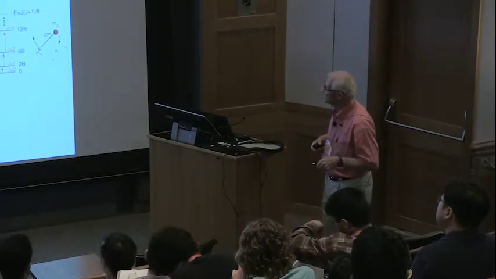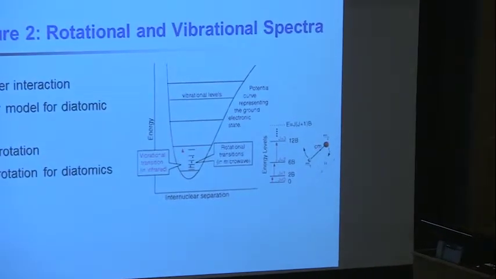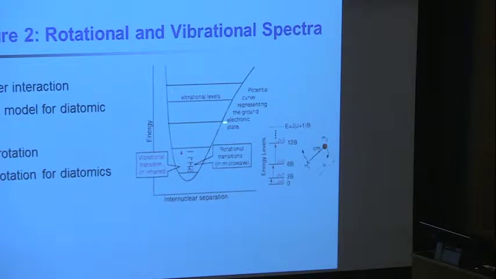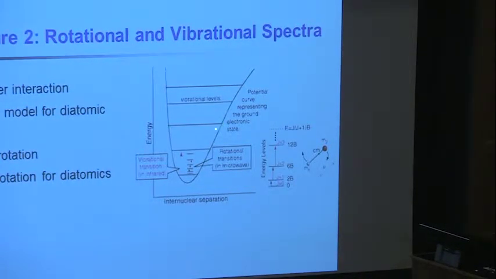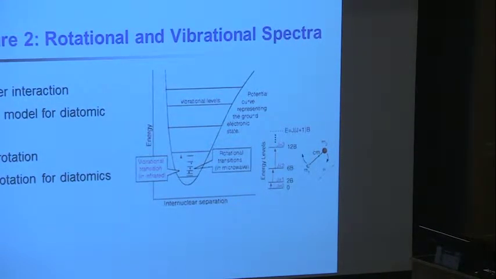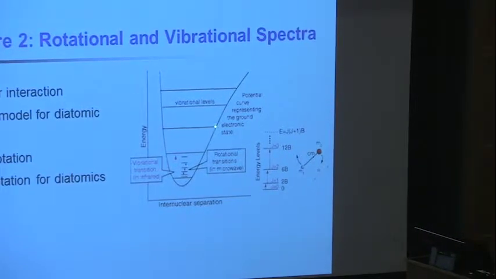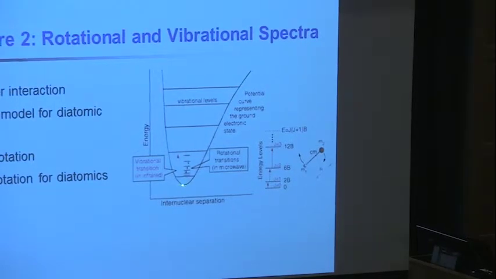So remember, here's this potential energy diagram in a particular electronic state, the ground electronic state. What's the meaning of this? These horizontal lines correspond to the vibrational energies. So if you have a molecule with this amount of vibrational energy, it oscillates. This oscillating is trading potential and kinetic energy. So at this endpoint here, that's the amount of potential energy it has. When it goes down here, it's lost its potential energy and it's all kinetic and goes up here.